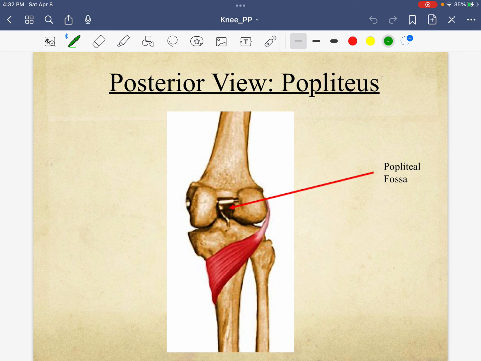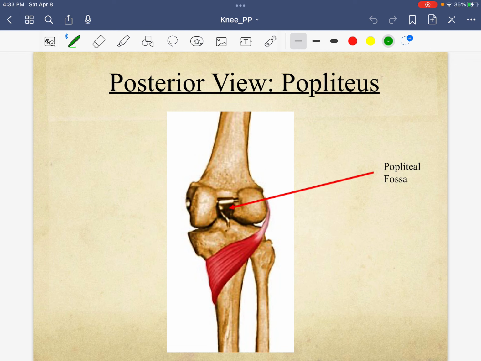So in person, we began the knee joint and we talked about the type of joint that the tibiofemoral joint is, a modified hinge. We talked about its articulating surfaces, the femoral condyles and tibial plateaus. We talked about the screw home mechanism. That's where we ended.